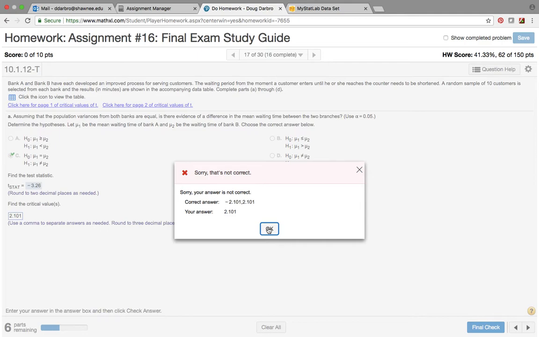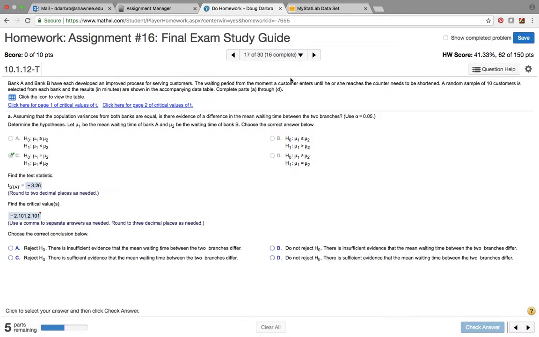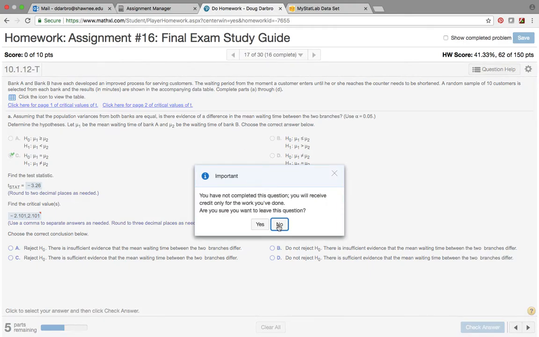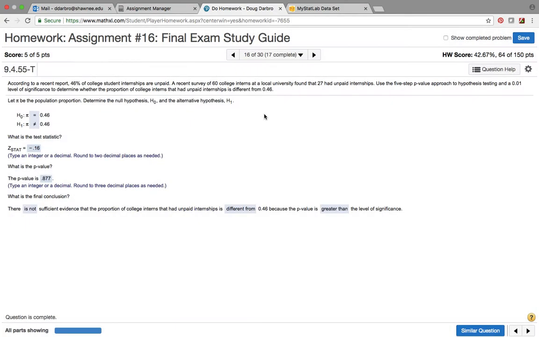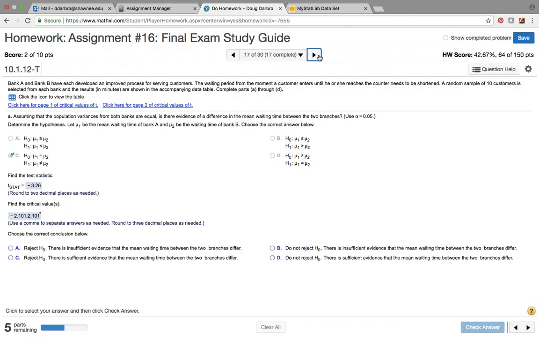Okay, again, I got caught on a technicality here. I see now it says find the critical values. I assume this is plural, so use a comma to separate. So it would be negative 2.101 and 2.101. All right, it is what it is.